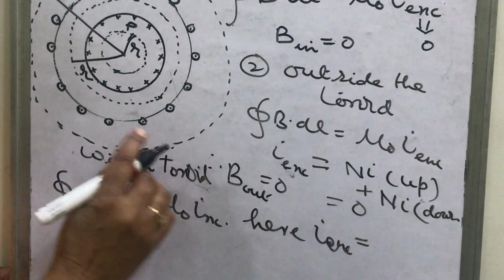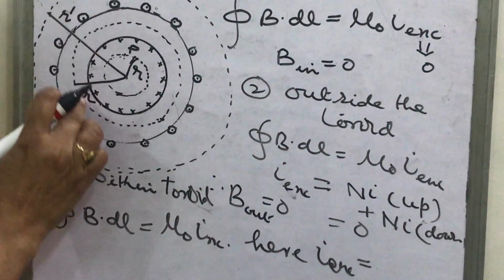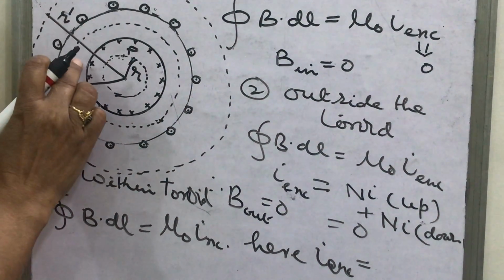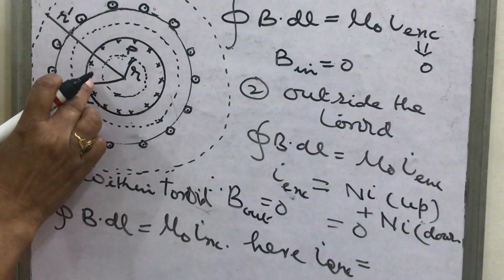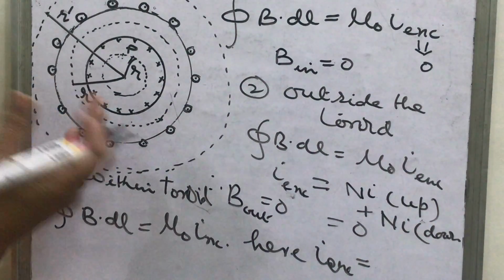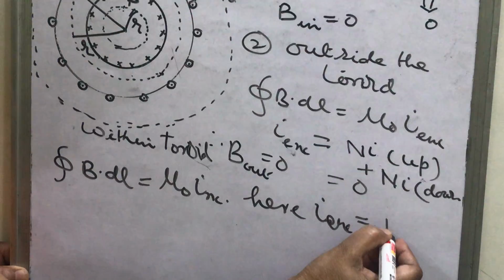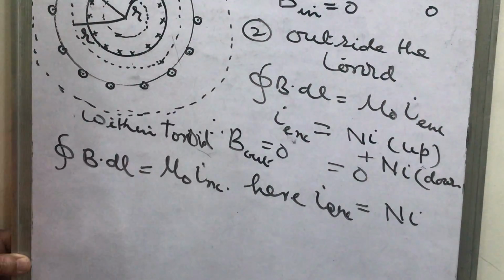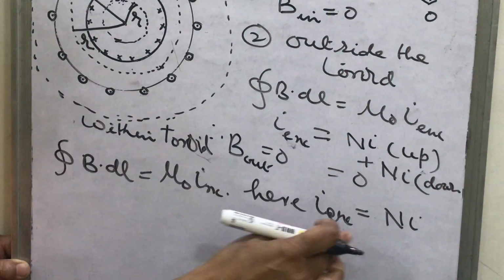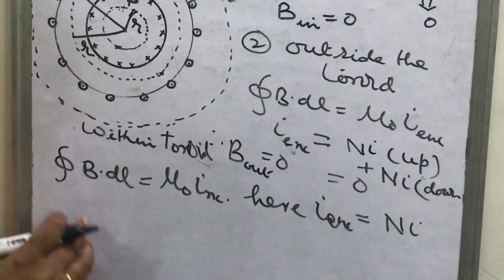Look, within this loop, the current is this cross one. How many turns? N. What will be the net enclosed current? Each turn carries I, the number of turns is N, so the net current is Ni.